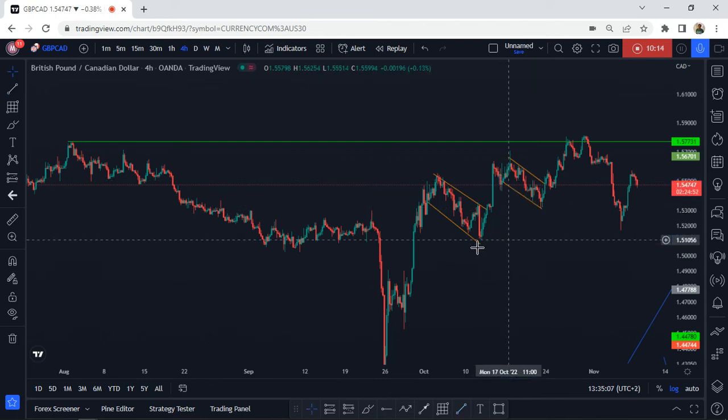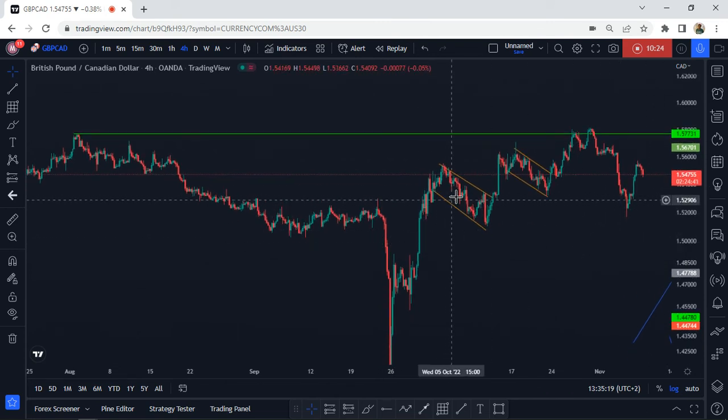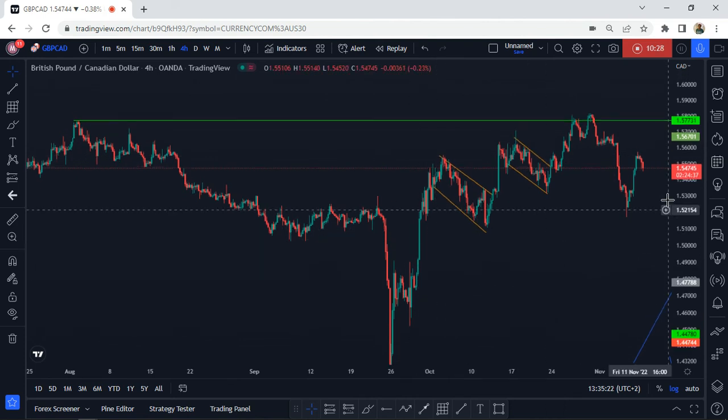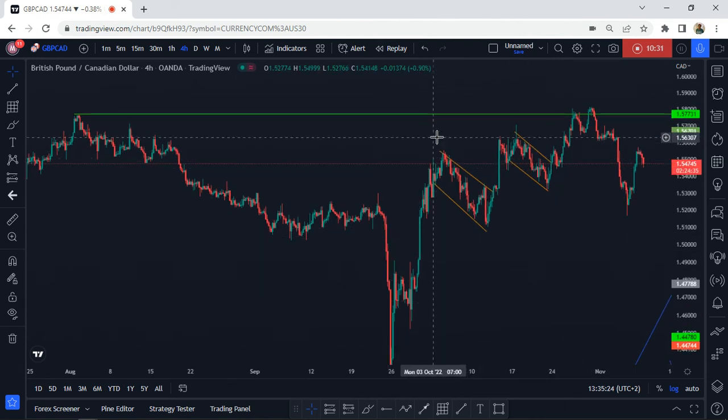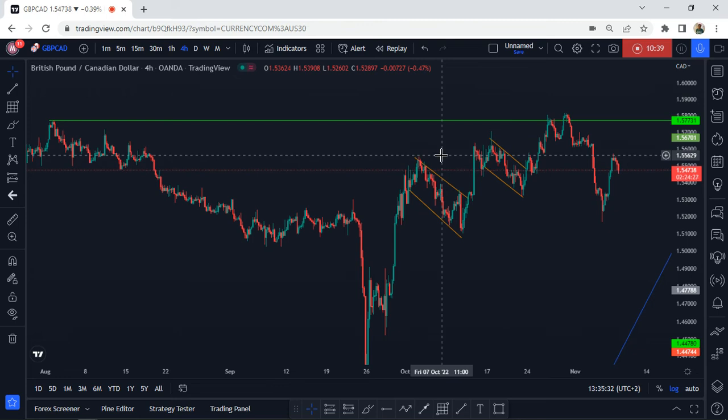I want to show you why I prefer a continuation rather than a reversal. First of all, I wouldn't have taken this continuation pattern. Why? Because the market didn't indicate a trend yet. But after the market broke here, the market showed me that it's going up. We're on an uptrend.